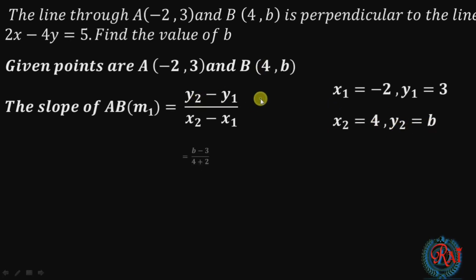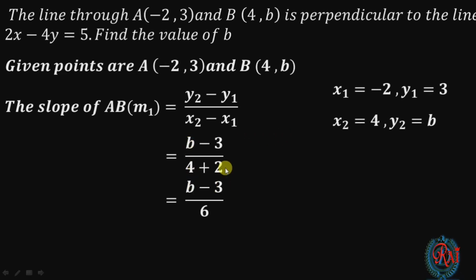So instead of y2 I'll write b, instead of y1 I'll write 3, instead of x2 I'll write 4, and instead of x1 I'll write minus 2. This minus and this minus is equal to plus, so plus 2. After simplification, (b minus 3) divided by (4 plus 2) is equal to 6. That means the slope of AB is equal to (b minus 3) divided by 6.